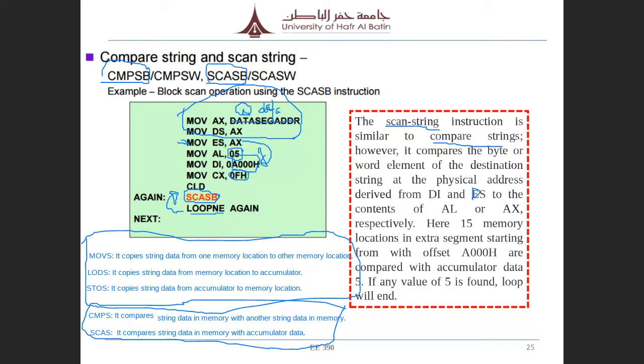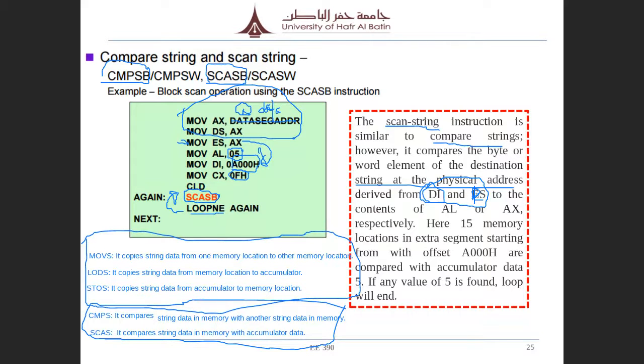The scan string instruction is similar to compare string. However, it compares the byte or word elements of the destination string at the physical address derived from DI and ES, the extra segment and DI, with the accumulator.